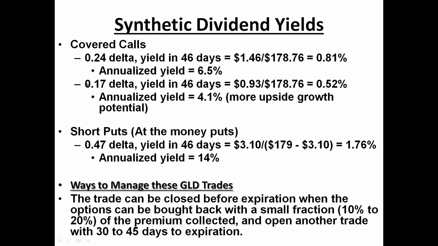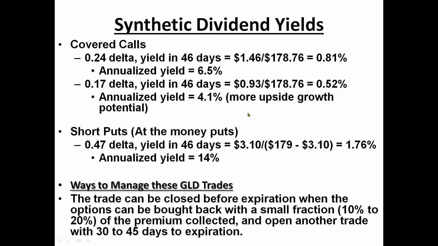But if you sell one standard deviation away, which is 0.17 delta, the yield in 46 days is the premium collected divided by the share price, equal to 0.52%. So the annualized yield in this case is 4.1%, which is lower than 6.5%, but also gives you a lot more upside growth potential in case gold is in a strong uptrend.